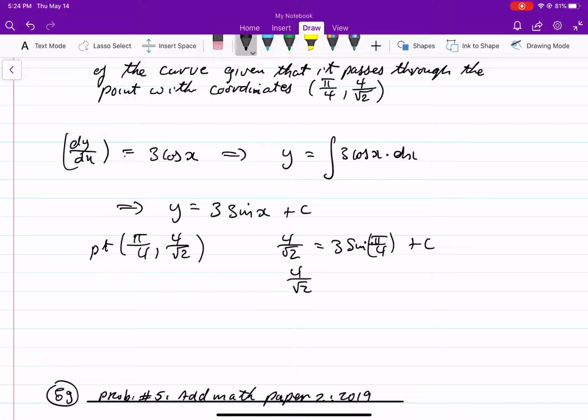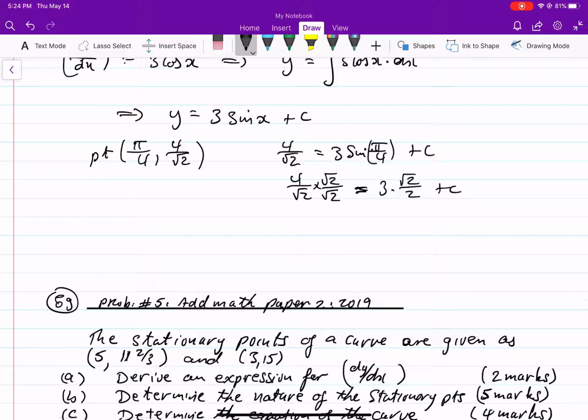4 upon root 2, I'll rationalize that one time. Times root 2 upon root 2 is equal to 3 times sine of pi upon 4 is root 2 upon 2 plus c. Yeah, we gotta get to trigonometry pretty soon, right after integration.